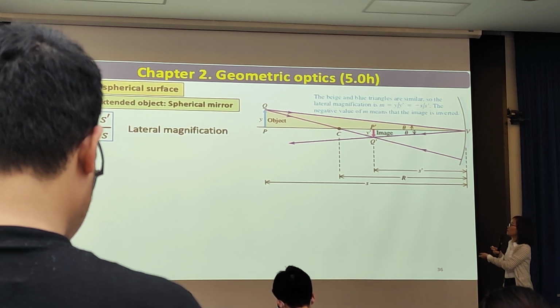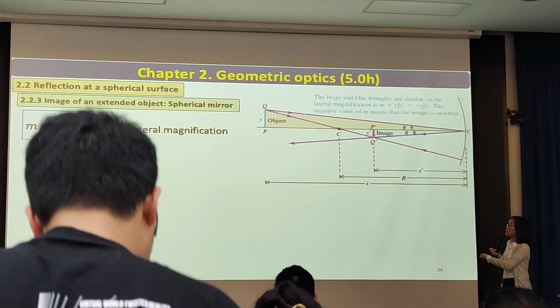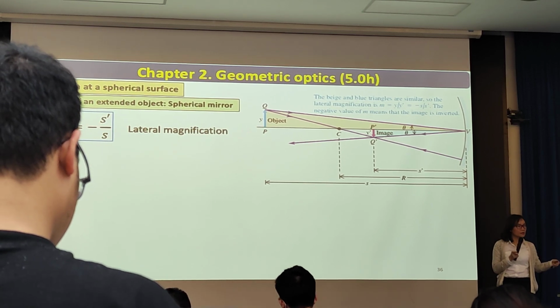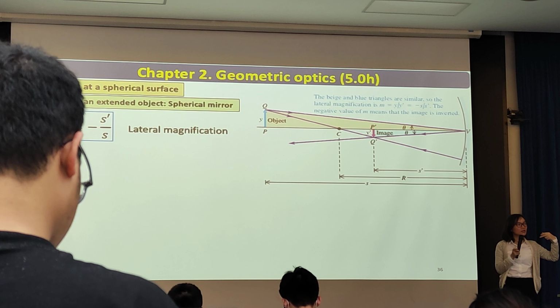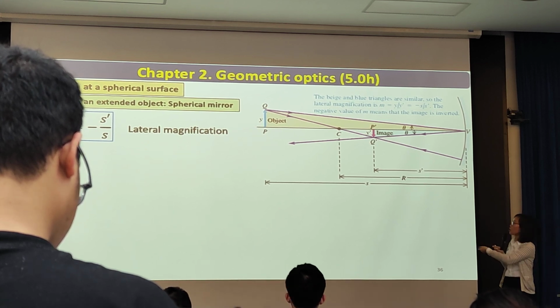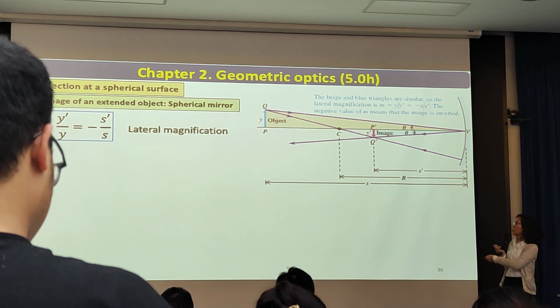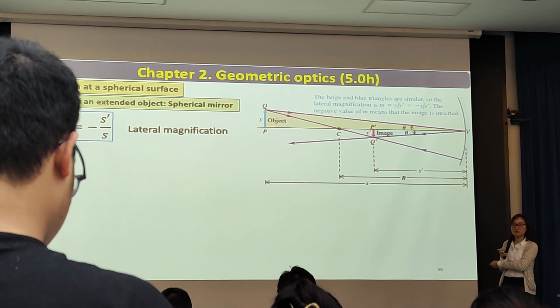So we see here a concept which describes the ratio of the height of the image compared to the height of the object. So it is the so-called lateral magnification.